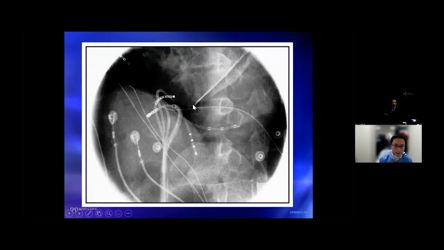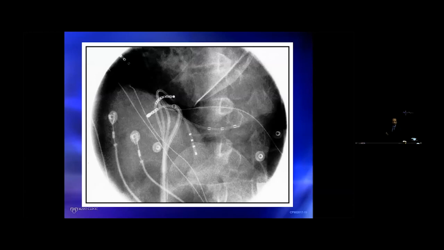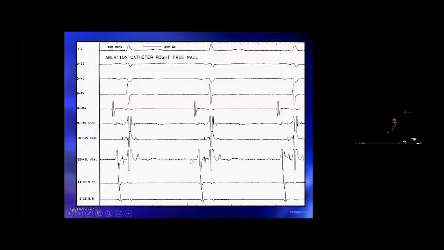So one of the things with mapping an atriofascicular tract that makes it so difficult for so many people historically and even today, a very common cause of failure, is trying to get their head around the concept that sometimes we don't ablate the earliest site. So here, a catheter is pointing kind of on the annulus posterolaterally, and that records a signal.